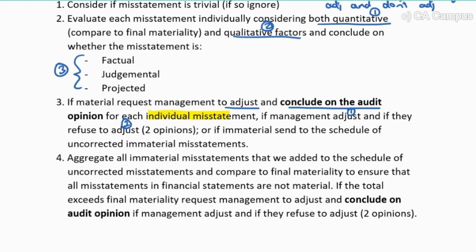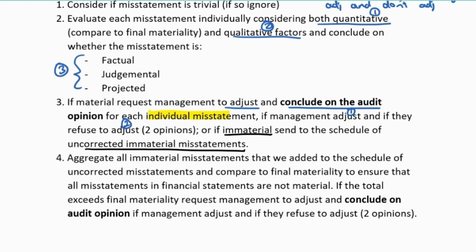If they don't adjust, this misstatement means I would give a qualified opinion. But then again, if that misstatement was immaterial, I go to the schedule of uncorrected. So I've got to take each of them individually and assess for material. If it's material, they must adjust. This is my opinion if they adjust and if they don't. If it's immaterial, to the schedule.